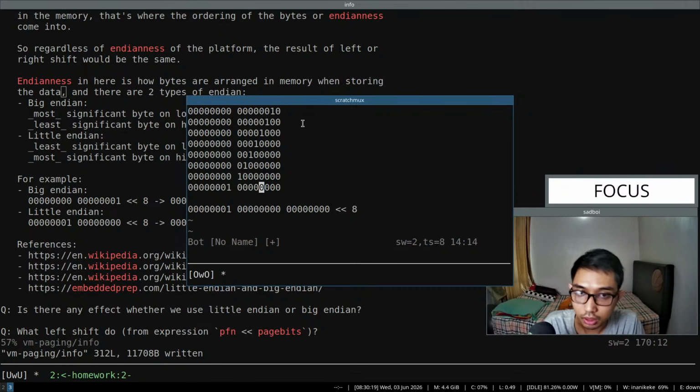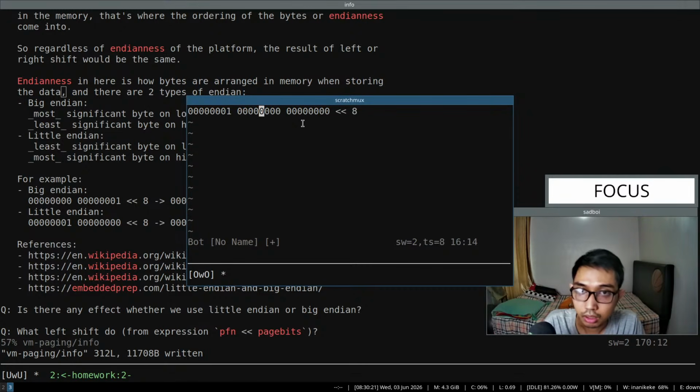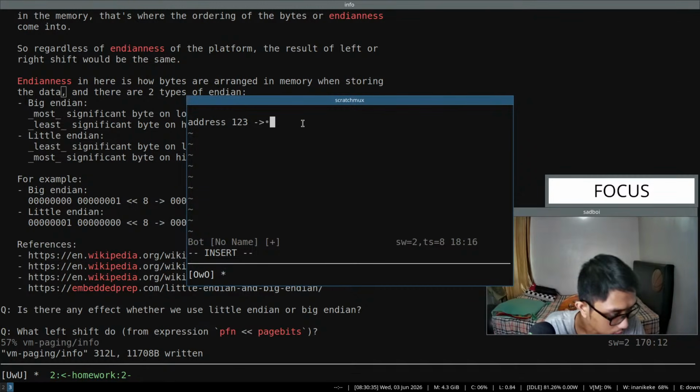Okay, let me put that in here. The address is 123, have the value, what is it? 122. Let's say something like this. Okay.